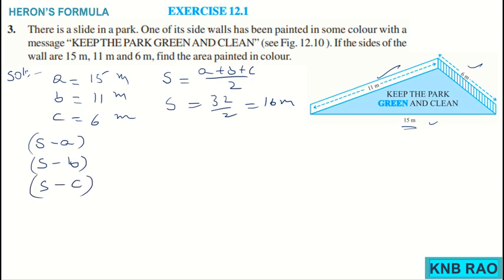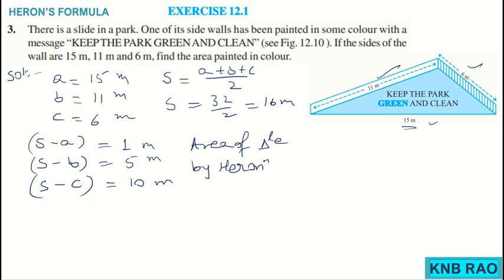So 16 minus 15 is 1, 16 minus 11 is 5, 16 minus 6 is 10. The moment I got these values, I'll find out the area of the triangle by using Heron's formula.